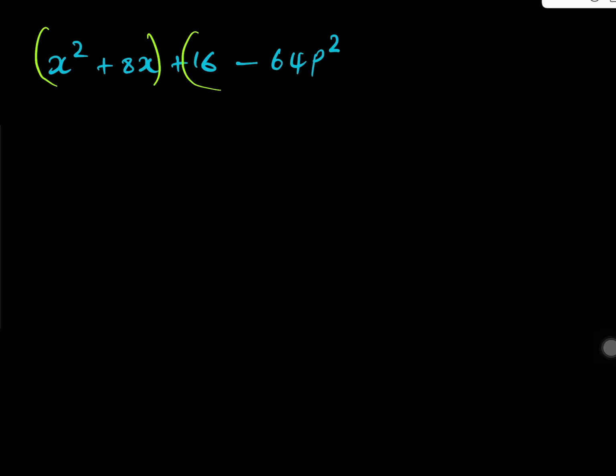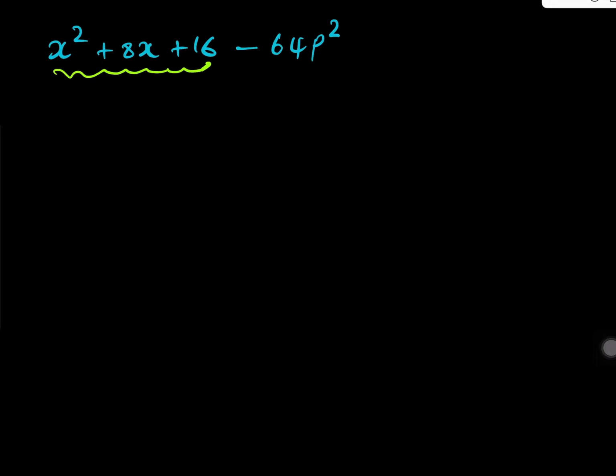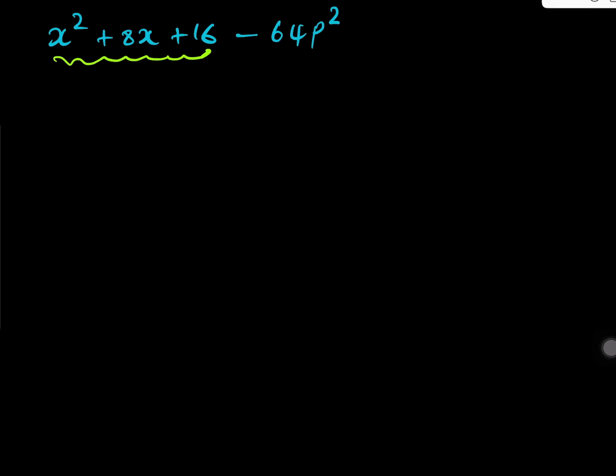So if you are struggling in that way, you check the first three terms. They always form a perfect square trinomial. In this case, if you observe the first three terms and factorize them, you're going to get (x plus 4) into (x plus 4). Minus 64 is the same as 8 squared, and you have a p squared there, so this ties down to (8p) squared.